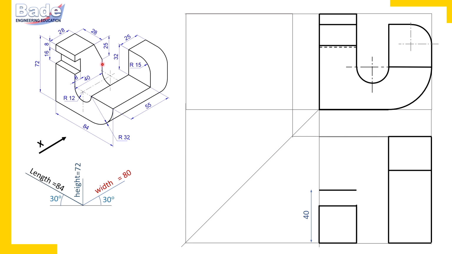Now this edge, from this corner to this corner, is a non-principal edge. Where is this edge in the top view? If you join the ends of principal edges, then you get this non-principal edge. It will be here. And an identical edge will be on the other side also. Check here. From this corner there is an edge 28 millimeters long.